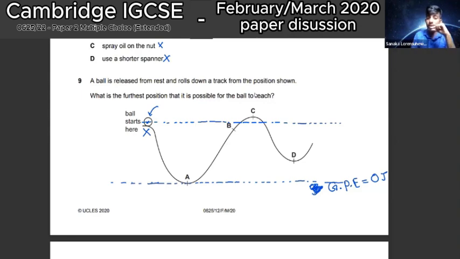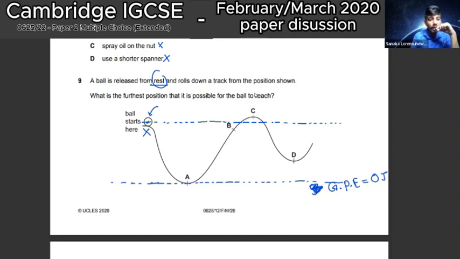It is starting from rest. The question says the ball is released from rest. Rest means starting velocity is 0. Therefore the kinetic energy is 0 joule. The only energy is gravitational potential energy in the start position.